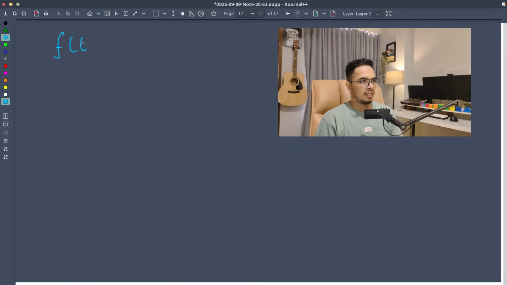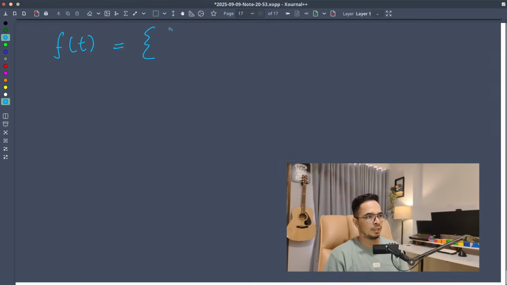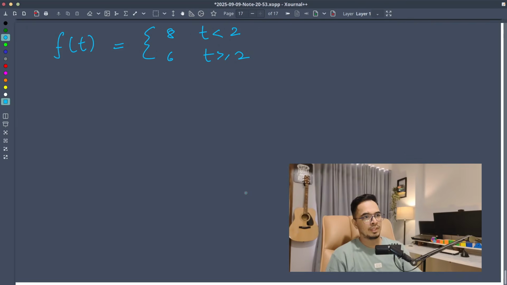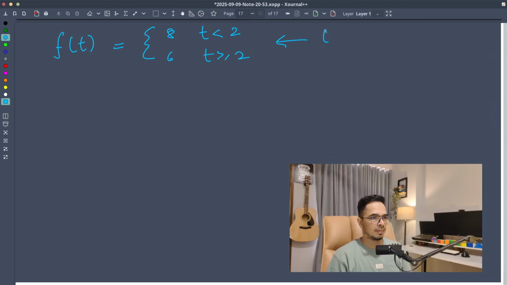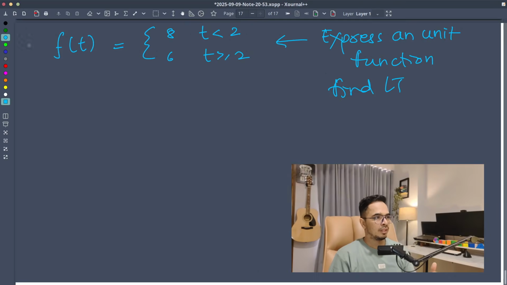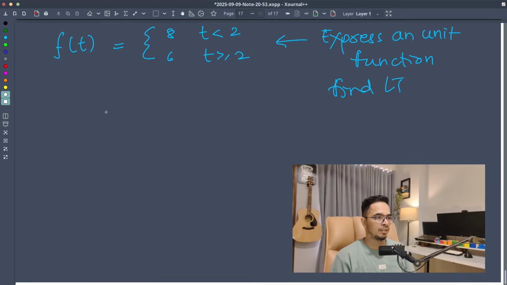So let us look at a typical function f of t. Say f of t is equal to 8 below 2, and 6 when t is greater than or equal to 2. Now we are tasked to express this as a unit function and find its Laplace transform. There is a very simple thing to do: express both the functions either in terms of 6 or 8. In this case, it is more convenient to express it in terms of 8.